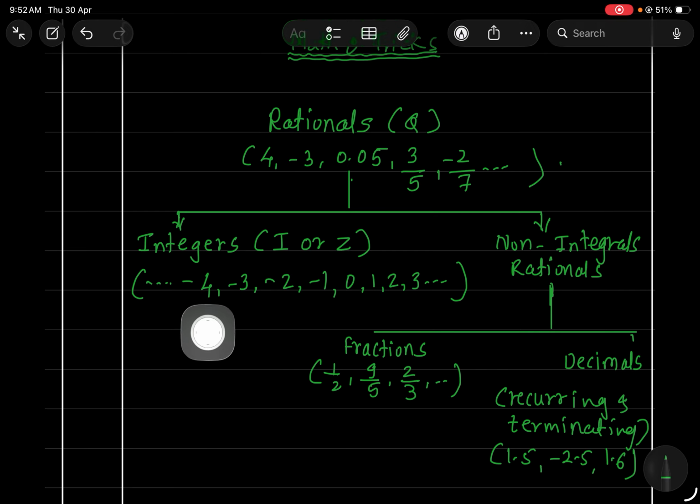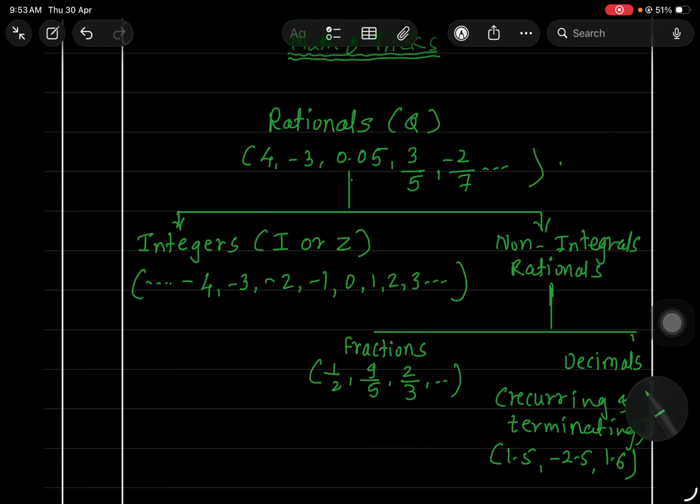Just for writing purposes, I have started from here. Suppose minus 4, minus 3, minus 6, minus 7. These numbers go on infinitely. Then this is the negative side, and here 0 is there.